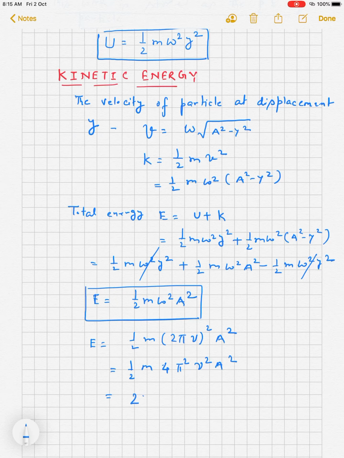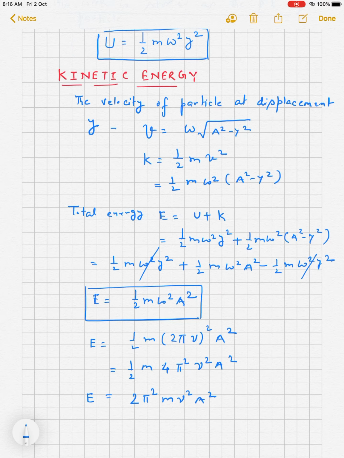So it is 2 pi square m nu square a square. This is the relation for energy. So E is proportional to a square. The total energy of the particle is directly proportional to the square of the amplitude, and also proportional to the square of the frequency, and it is also proportional to mass.